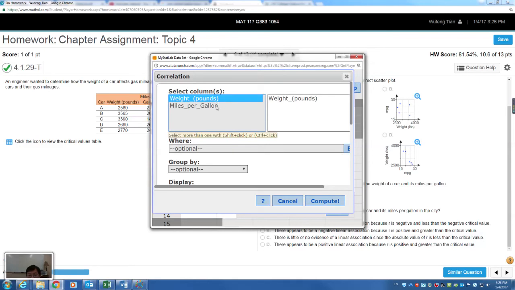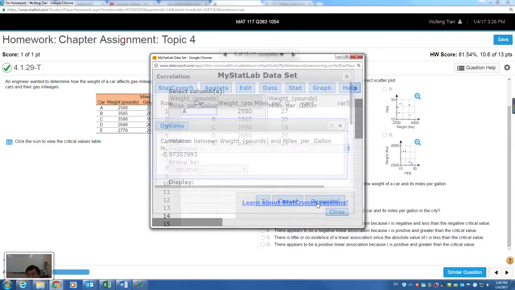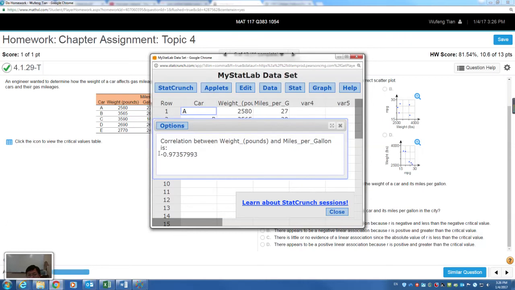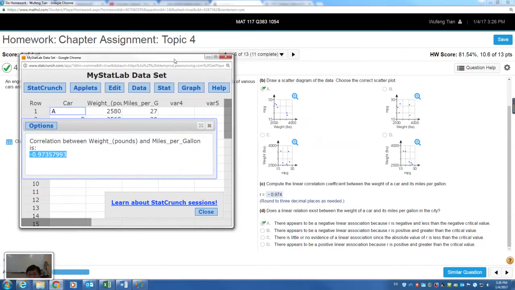Press Control, select the other variable, and compute. You're going to see the number. This is the correlation coefficient r. It's negative 0.973, rounded to 4 places. It appears to be a negative linear relationship, with a negative slope, because r is negative and less than the negative critical value.